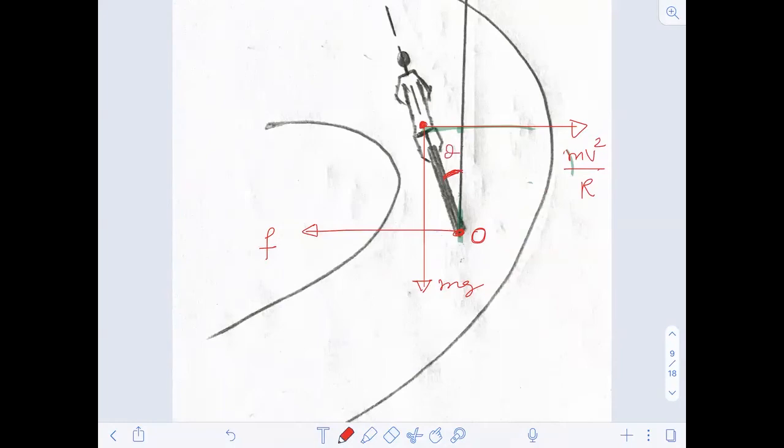Now suppose OC here is h. What will be the moment due to mv square by r? I need the answer for this.